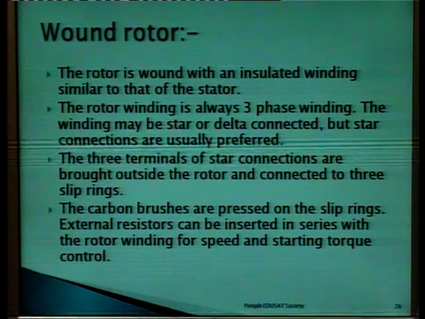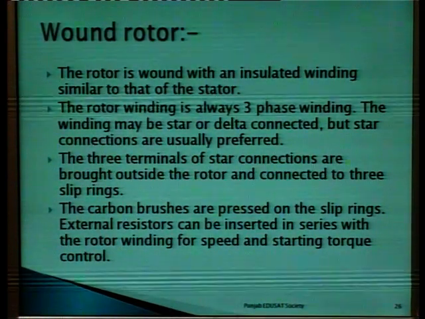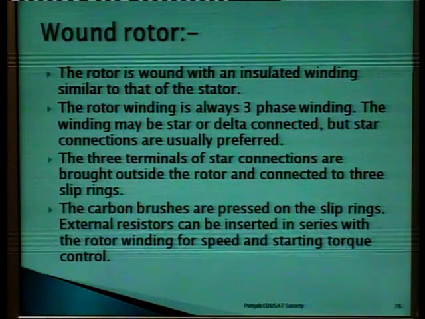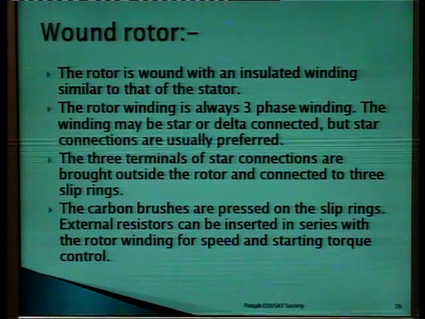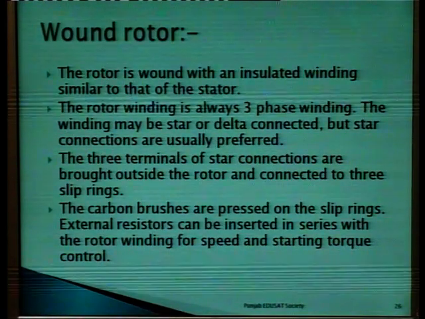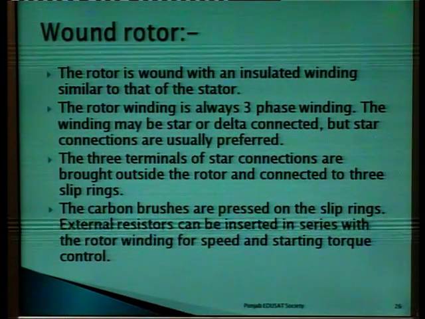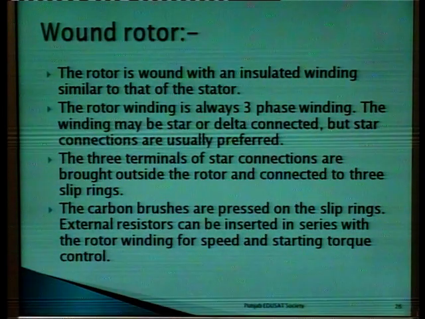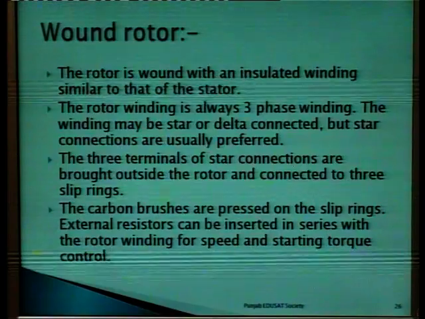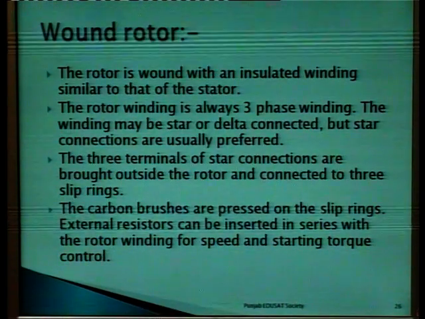Wound rotor. The rotor is wound with an insulated winding similar to that of the stator. The rotor winding is always a 3-phase winding. The winding may be star or delta connected, but star connections are usually preferred. The 3 terminals of the star connection are brought outside the rotor and connected to 3 slip rings.